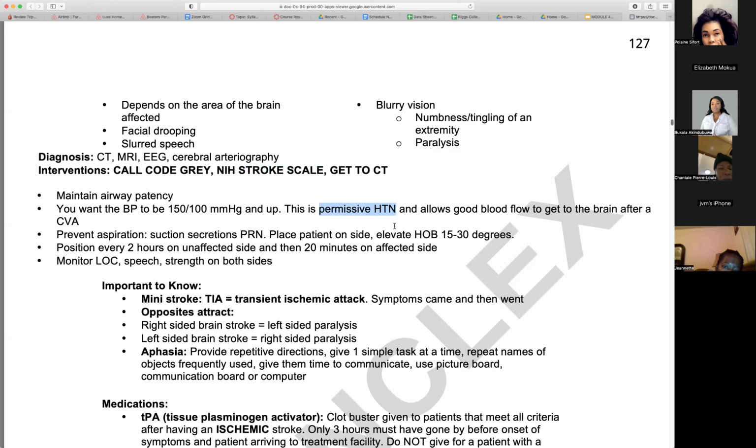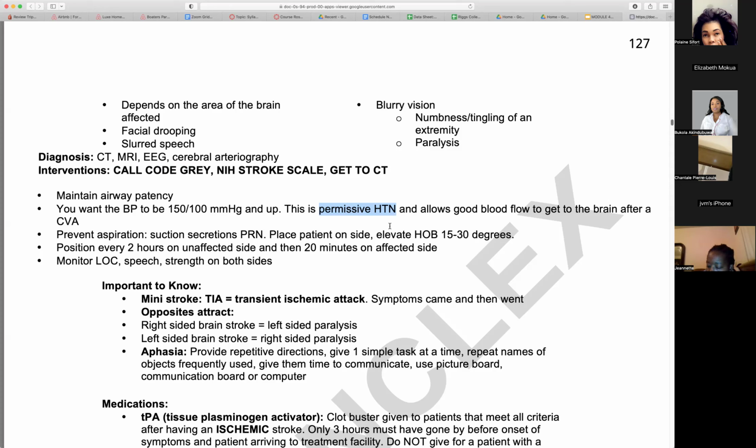Excuse me, what did you call that again? Permissive hypertension, yes. Okay. Now, let's say that one more time, because I really want you guys to understand this. This is a core foundation of nursing. So, before a stroke, you want the blood pressure normal. Because you know that a high blood pressure could lead to stroke, right?